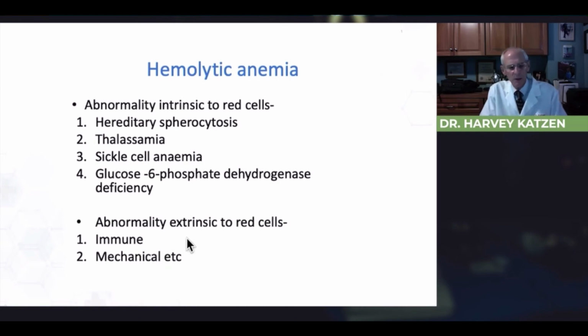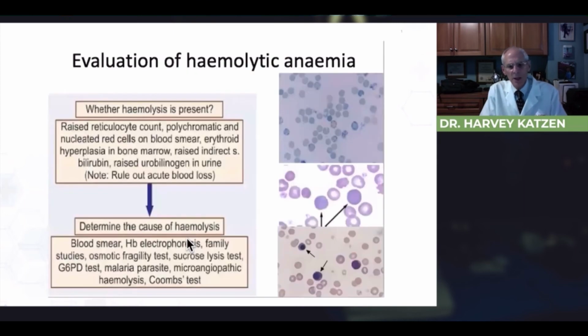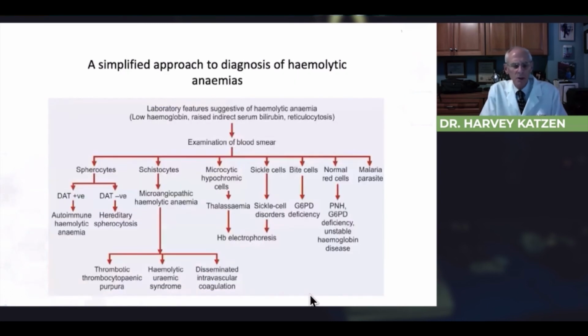And I mentioned the immune and the mechanical. So in these types of anemias, you very frequently will see an elevated reticulocyte count, and on the smear you'll see fragmented cells, cells of funny shape, little pieces of cells, and cells of very varying shape.